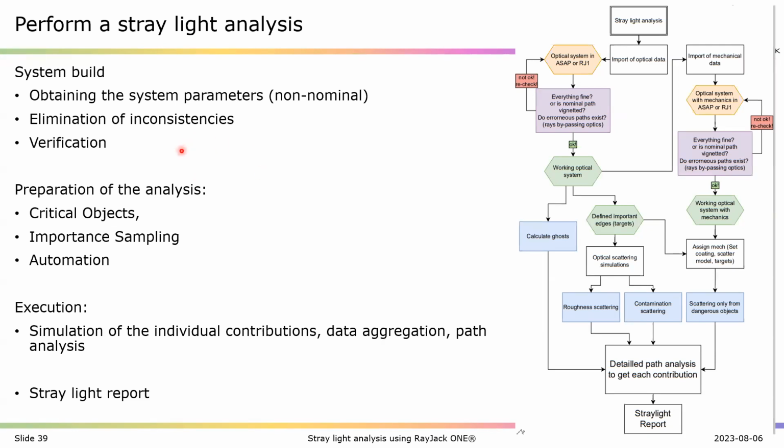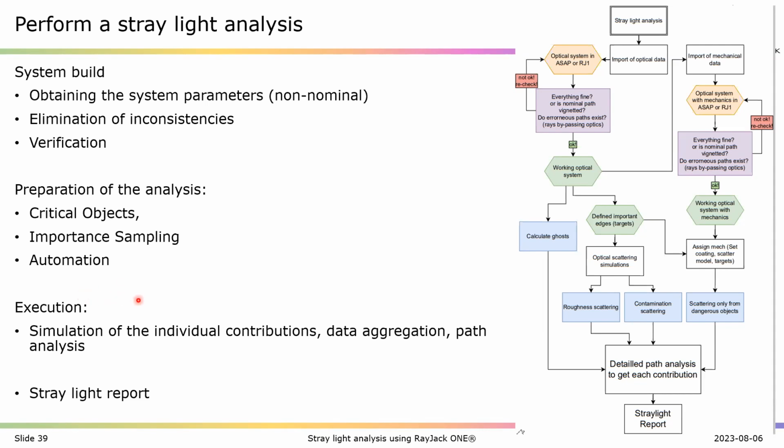Then you have to prepare the analysis, get the critical illuminated objects, do the importance sampling, and make things automatic. Because in many cases, you have to study lots of different situations, sometimes hundreds or thousands. And this can be done very conveniently, of course, with Python, because it's a programming language.